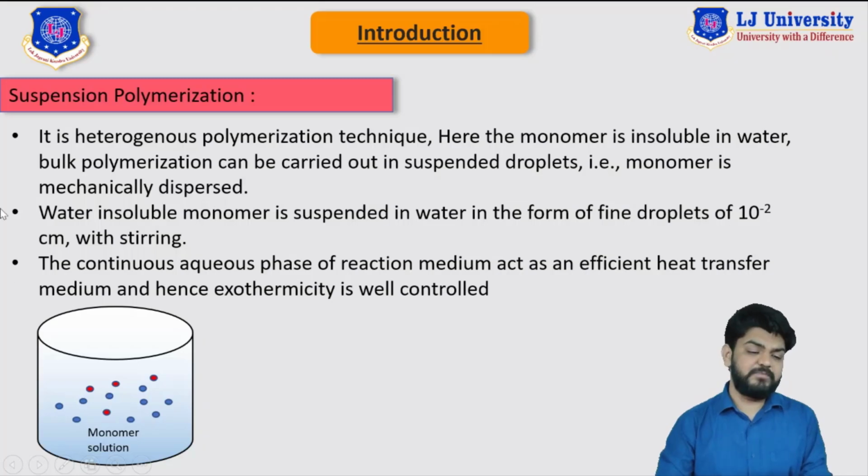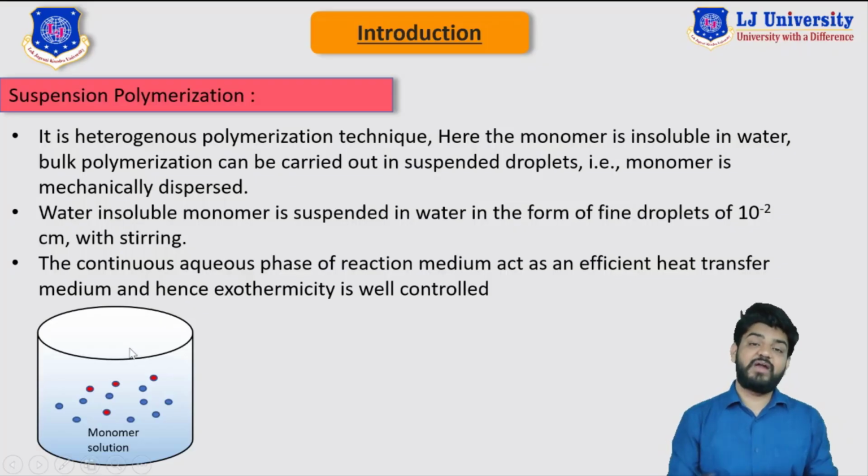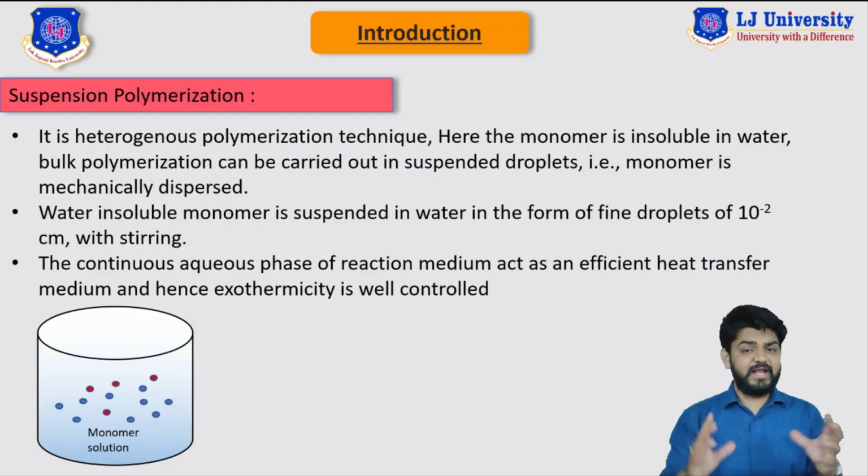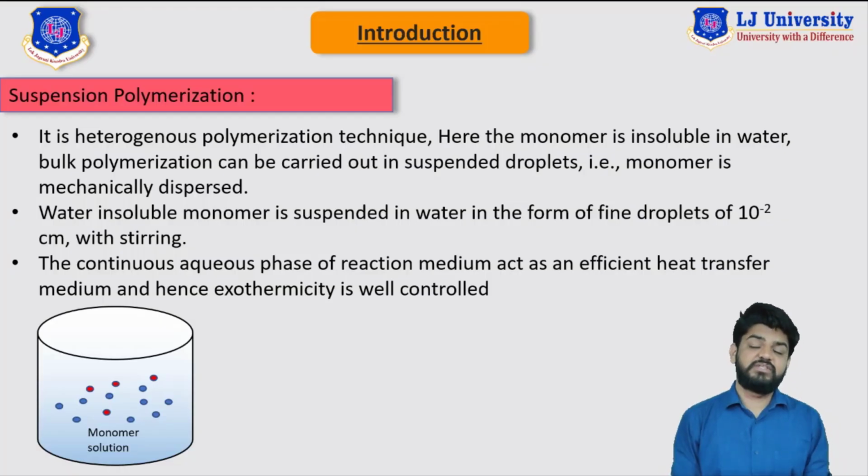So the suspension polymerization technique is referred to as a heterogeneous polymerization technique, in which we use more than one type of phase. Now after adding all the reaction mass, this entire system is agitated, right?